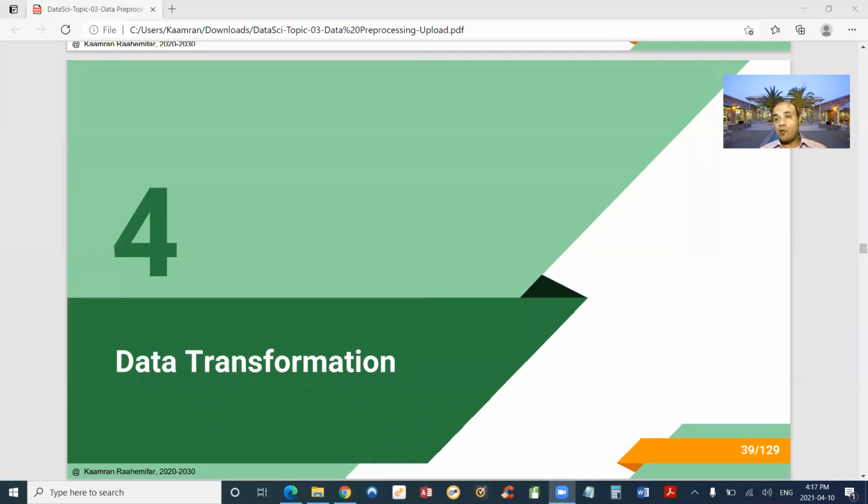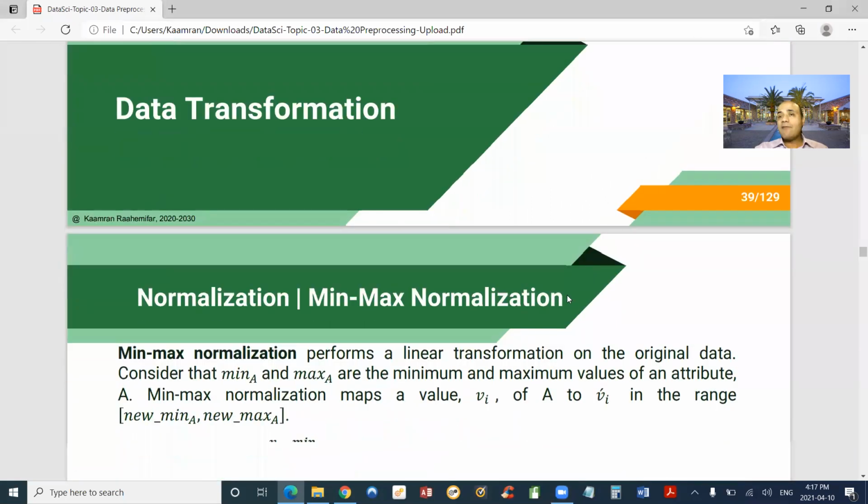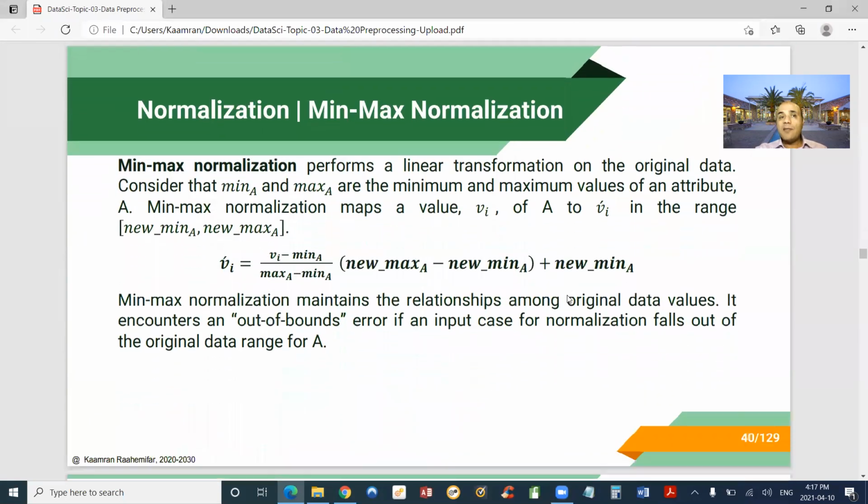We are in part 4, where we are going to talk about data transformation. So let's begin this section of session 6. In data transformation, we have many approaches. Some of the simple approaches, we are going to discuss them now. Imagine you have a data set and you already know the minimum and the maximum.